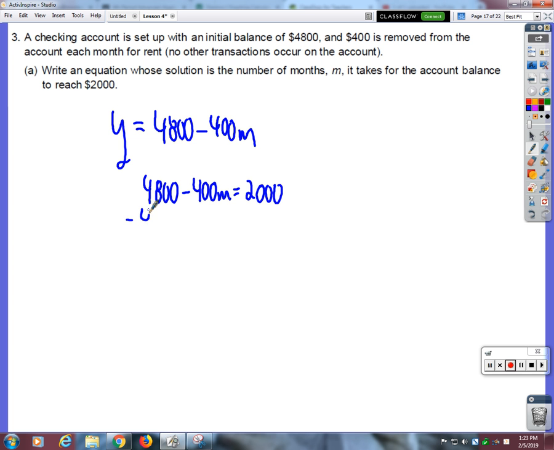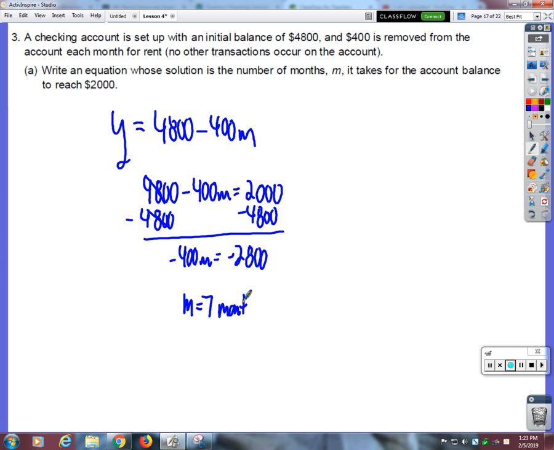Take away, right, so if I subtract 4,800 from both sides, then you have to figure out how long it will take to subtract $2,800. The way you find that is you divide those two things. So it'll take 7 months. Yep, you got it. Well played, sir.